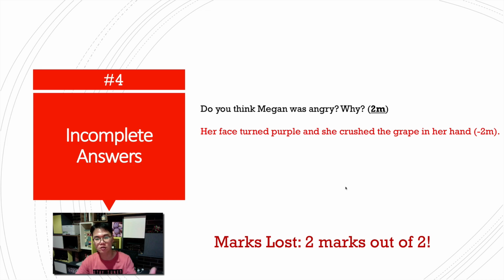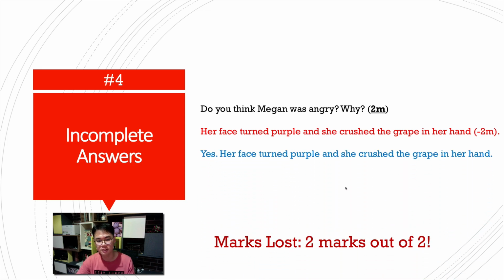In order to score the 2 marks for this question, I first need to answer yes. Yes, Megan was angry. Why? Her face turned purple and she crushed the grape in her hand. So this is very serious. We must always answer a yes-no question before we go on to answer the why or the how question that follows it. Okay, so be very alert here.